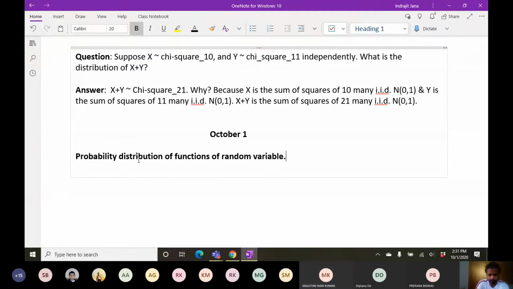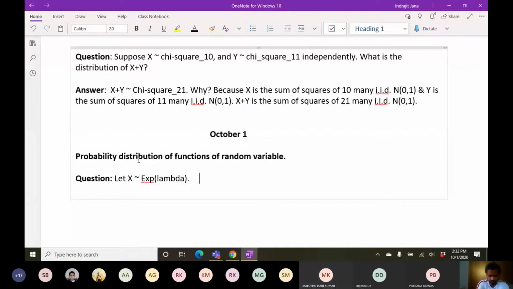Okay. So let's start with an example. Let x follow exponential lambda. Find the probability distribution of some function of x.